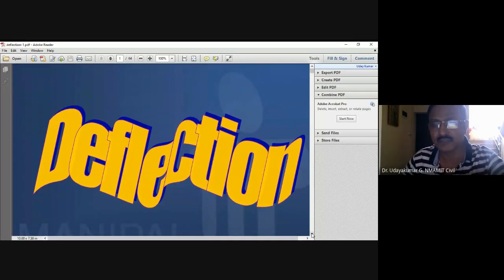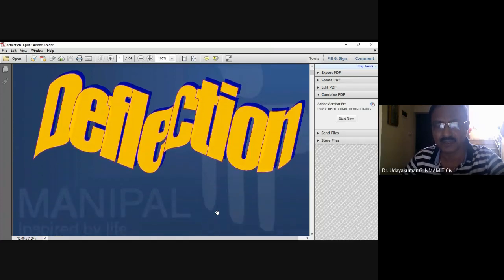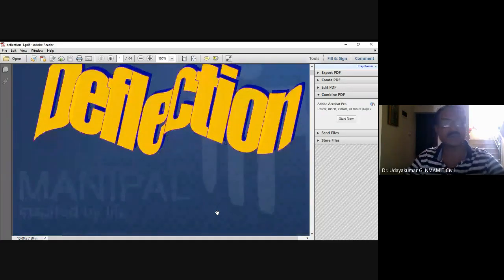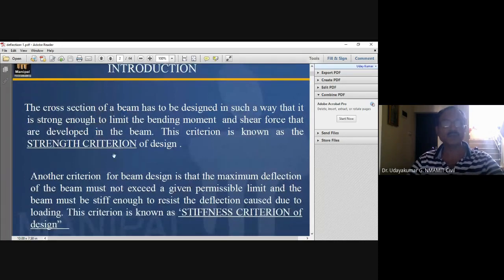In the previous class, I was discussing torsional rigidity. This is the flexural rigidity. There are two criteria: strength criteria and stiffness criteria. Just like in the torsion equation, the cross section of a beam has to be designed so that it is strong enough to limit the bending moment and shear force developed in the beam.